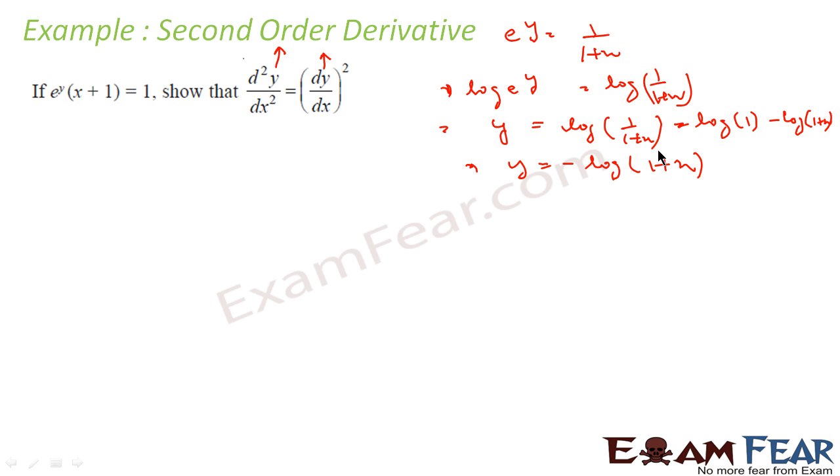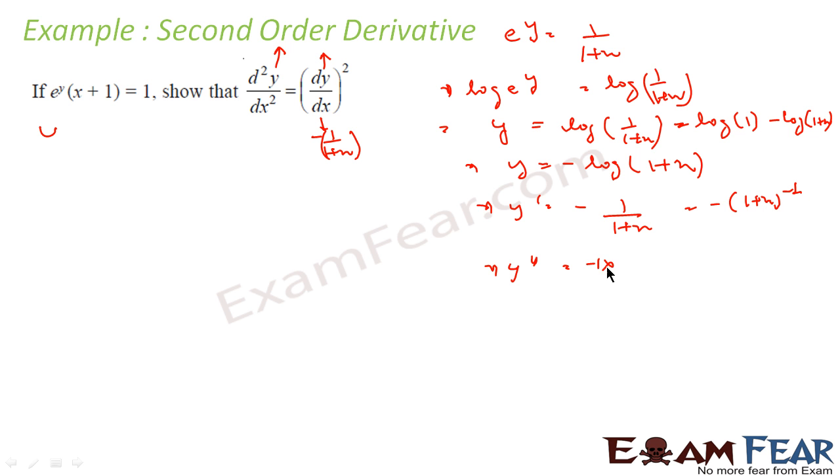So what I have done here is I have converted this complex equation into a simple one. So from this I can find y dash. Y dash is nothing but minus of 1 by 1 plus x. Now from this I have to find y double dash. Same thing here, it's the same form only. This is nothing but minus of (1 plus x) to the power minus 1.